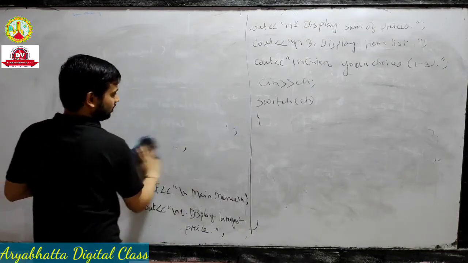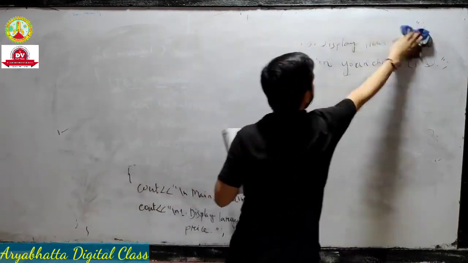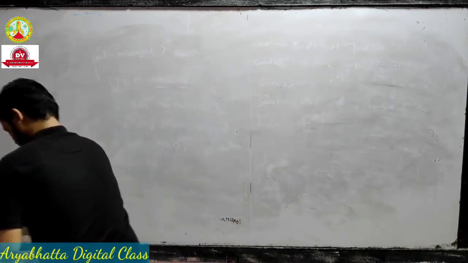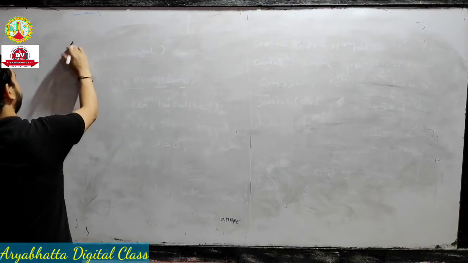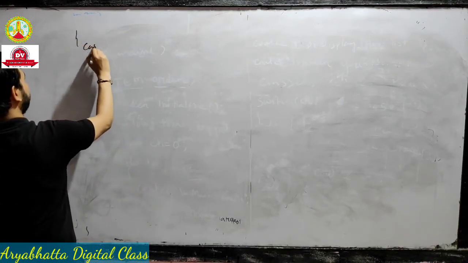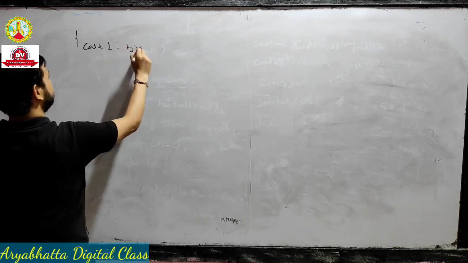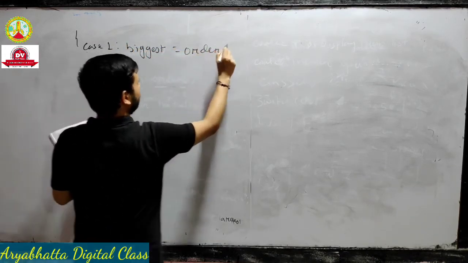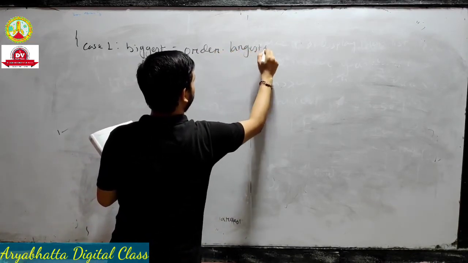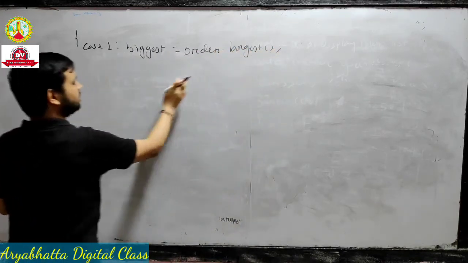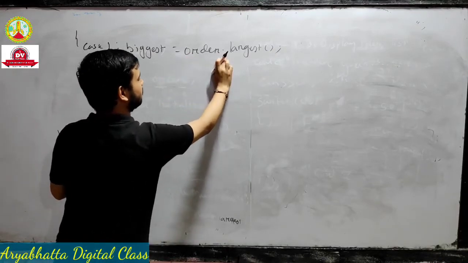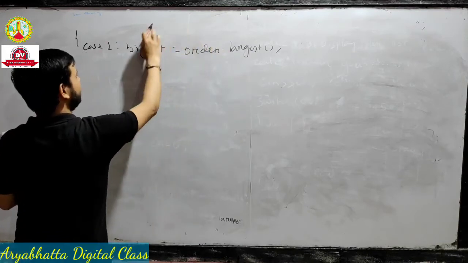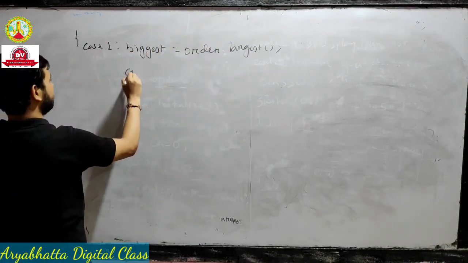Some of the last part will be after the switch case. You write case number 1, biggest is equal to order dot largest, okay? This is the largest member function, order is the object, we have to access this largest member function, and the largest value will be stored in the biggest variable, okay?